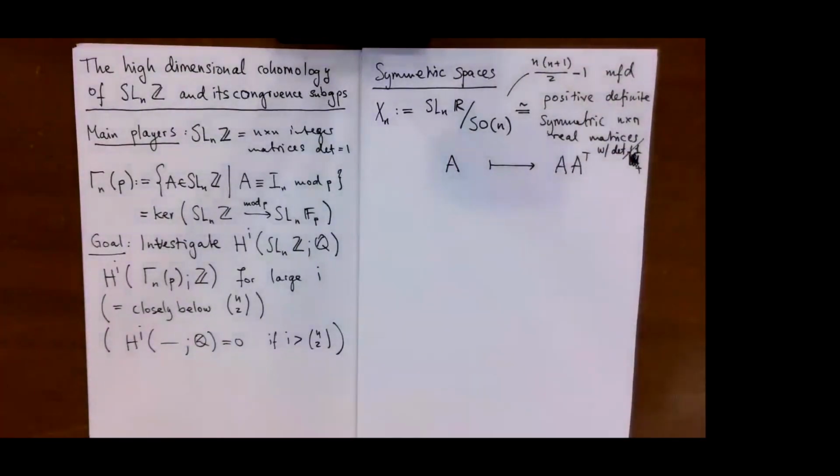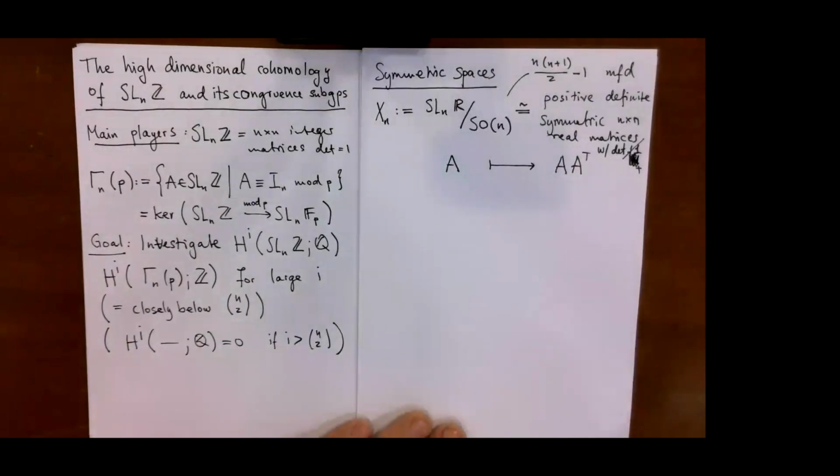Otherwise, I just noticed that I'm off by one dimension. So if you ignore positive definite, then you get a Euclidean space of that dimension. But now getting positive definite will give you an open subset, it's going to be an open cone, in fact, and so that will have the same dimension.